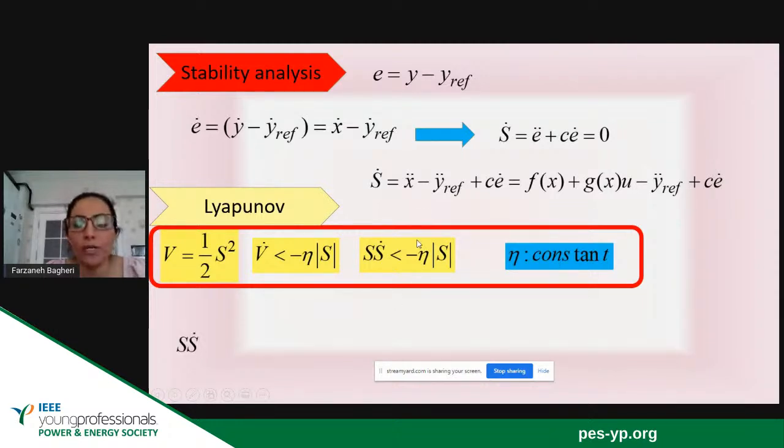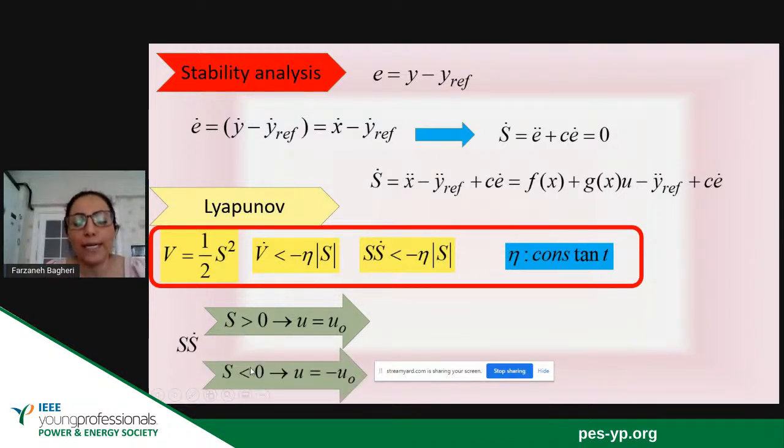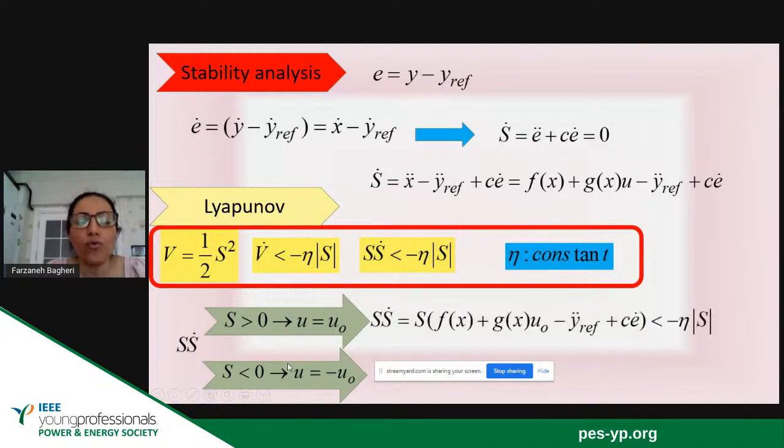So for this example, let us find s dot. We have two situations, when s is positive and when s is negative. If s is positive, the control input, which is the sign of s, is positive, so u is equal to u naught. But when s is negative, u is equal to minus u naught. So for different cases, we should analyze the system separately.